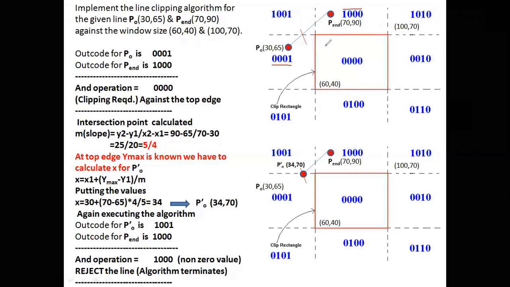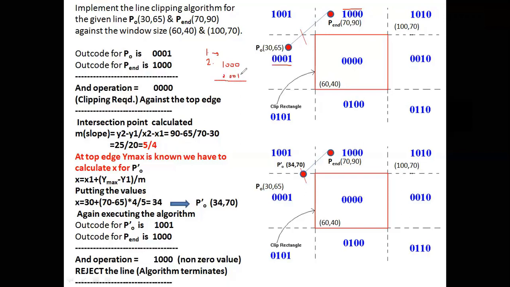Now we will go with the algorithm. First, the outcodes are assigned. The second step is to perform the OR operation to see whether this line is completely within the visible region or not. Let's perform the OR operation between 1 0 0 0 and 0 0 0 1.